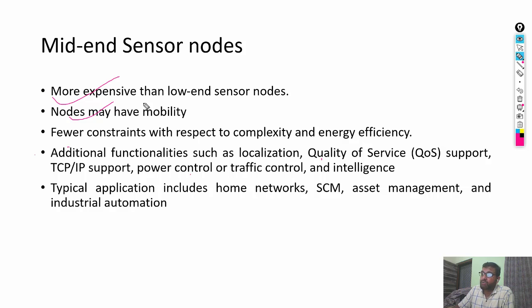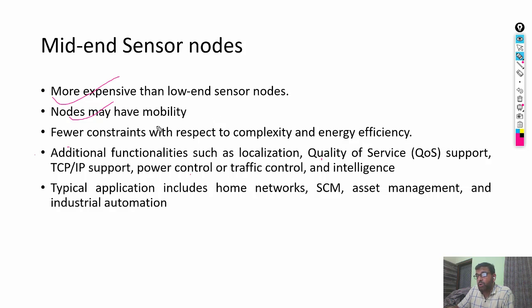They are not mobile. They are stationary. The doorbell and AC point are low-end sensor nodes. They are static in nature. Tube light and switch are also static in nature, and they are not going to communicate with each other.